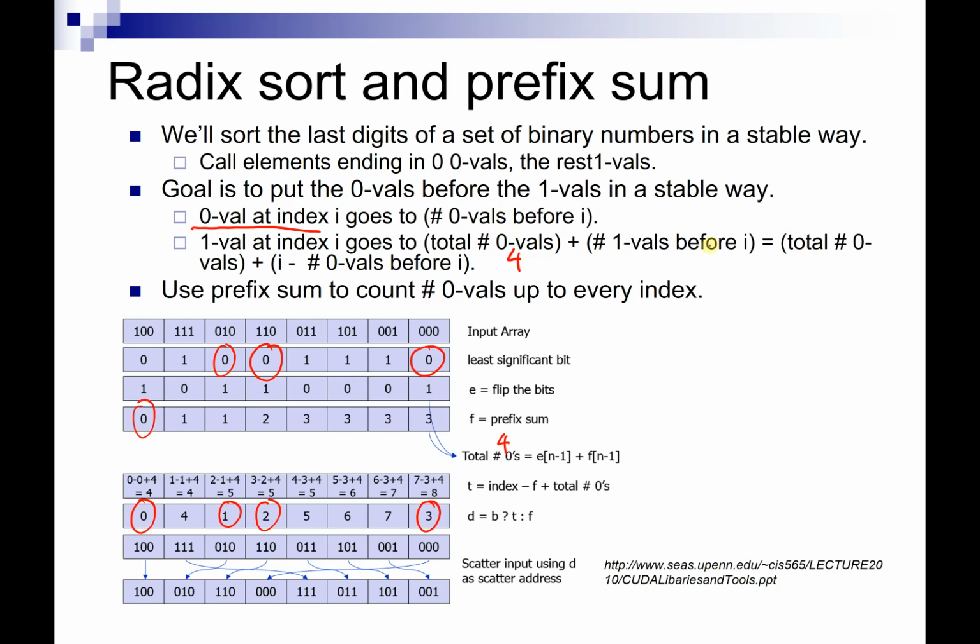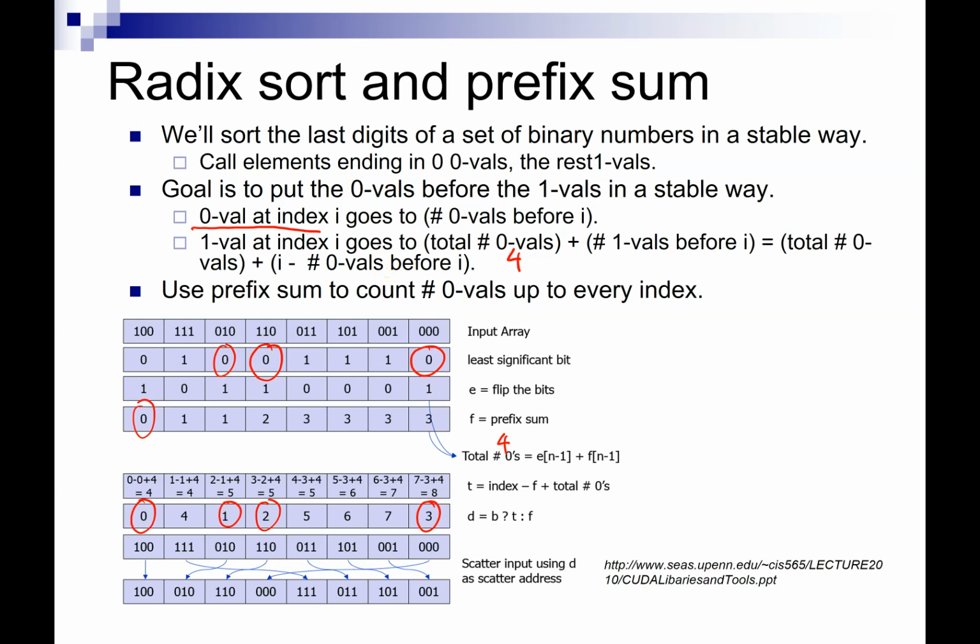What about this? How do we know how many 1 values come before I? Well, all the values before position I are either going to be 0 values or 1 values. So if you want to know how many 1 values there are, you can just take this index I and subtract how many 0 values there are. That tells you how many 1 values there are, and we can find how many 0 values there are just by using this F array.